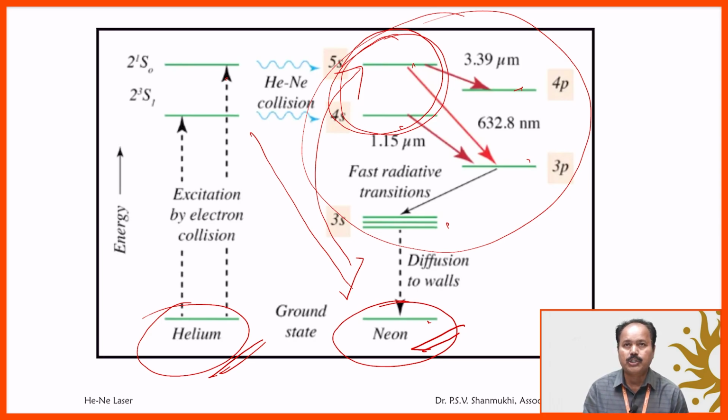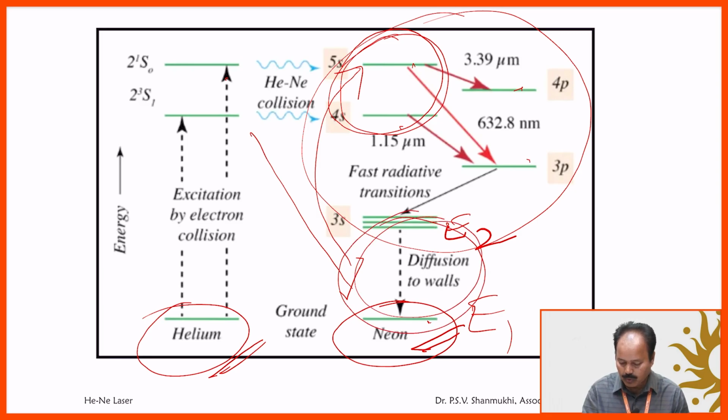They are taken as a single energy band. Next, this is taken as the ground state E1, this is taken as E2 energy state, this is taken as E3 and this is taken as E4.